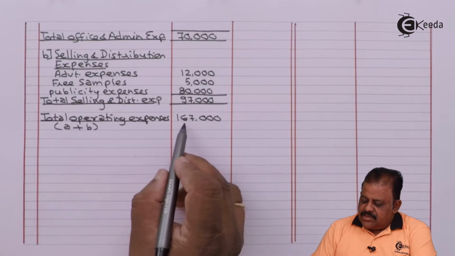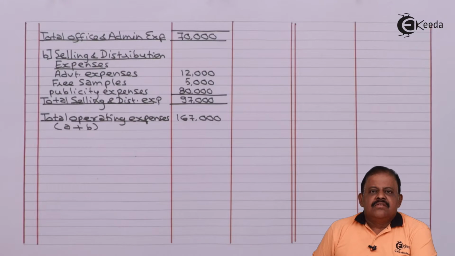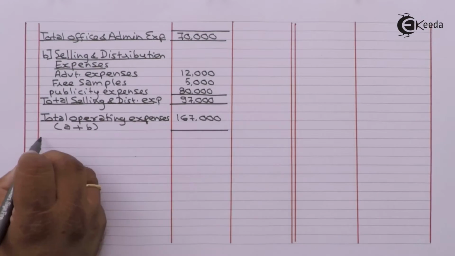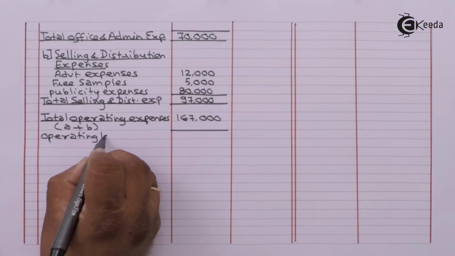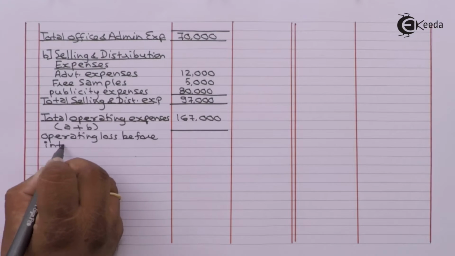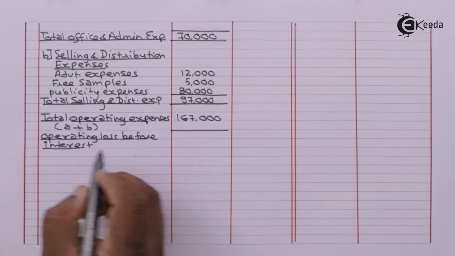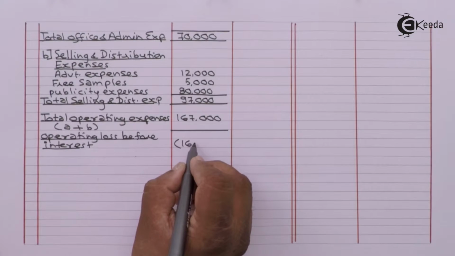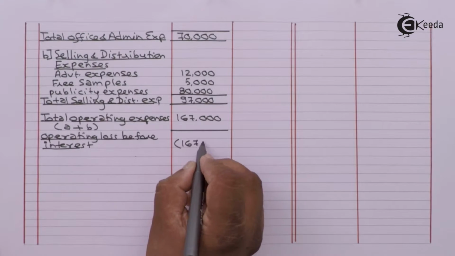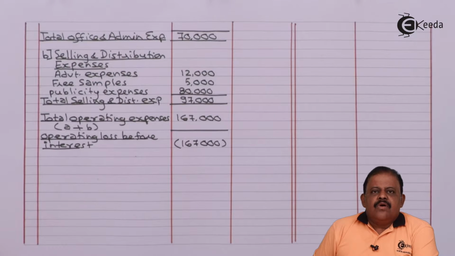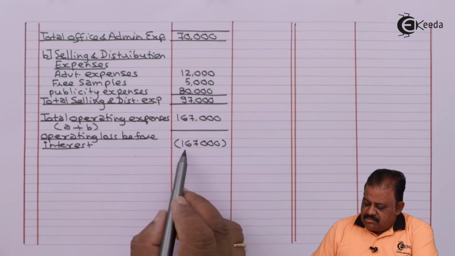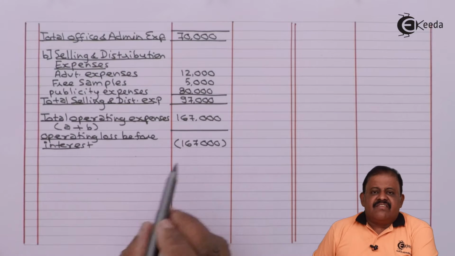Total operating expenses 1,67,000. This will be deducted from gross profit, which is nil. Therefore, we are having operating loss. Operating loss before interest 1,67,000.